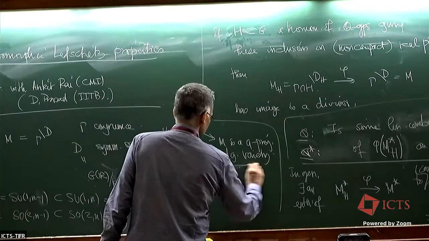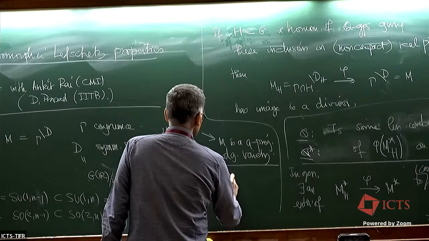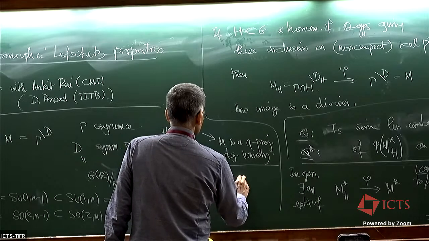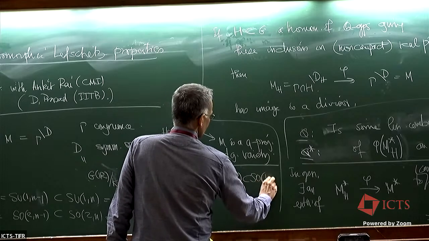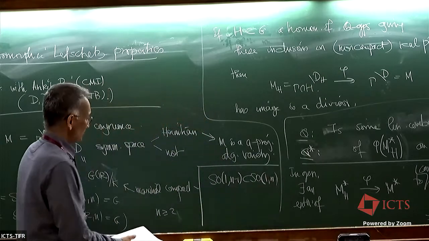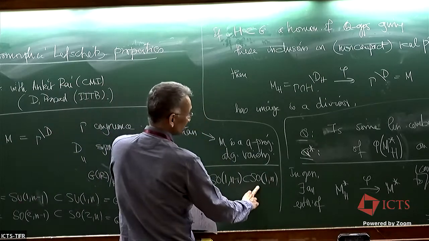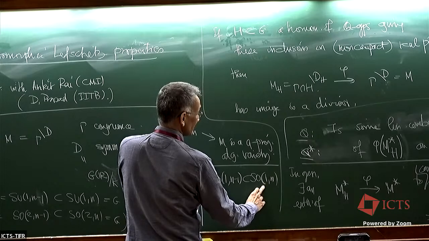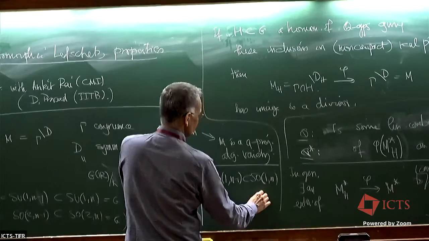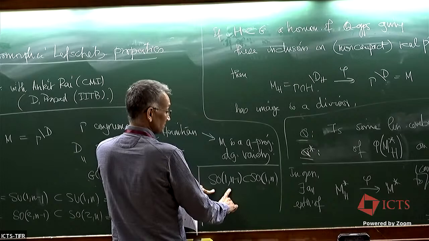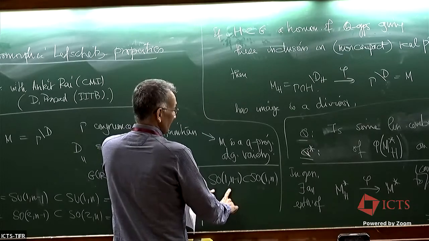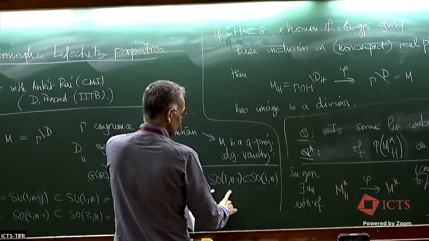It will come up in the main theorem, which again behaves like a divisor. So here the point is that the symmetric space of this is a real hyperbolic manifold of dimension n. This is a hyperbolic submanifold of dimension n-1. And so the real dimensions are n and n-1.